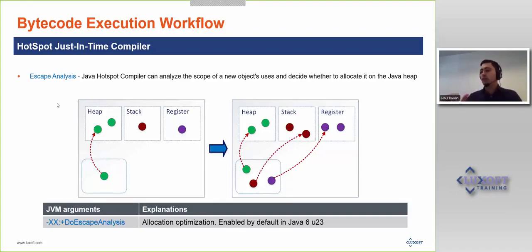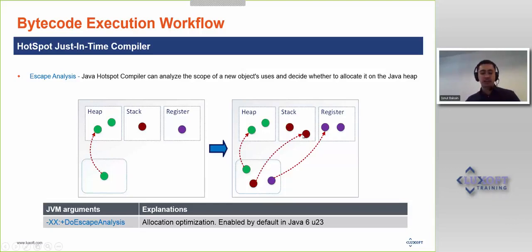Imagine we have, for example, a method and a loop inside that method, and inside it we create plenty of instances. Those instances have a local scope, and the just-in-time compiler decides during the runtime, based on the scope of the object, whether it is local or not, to allocate them on the stack.